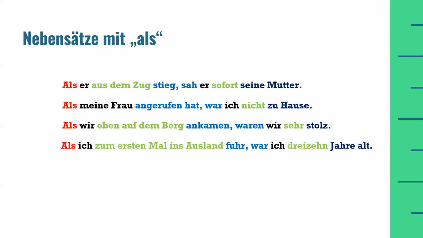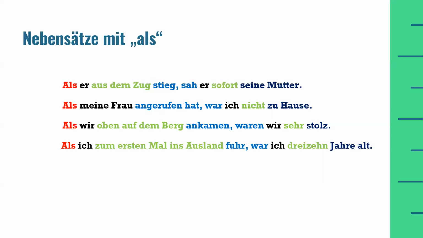Als ich zum ersten Mal ins Ausland fuhr, war ich 13 Jahre alt. When I traveled abroad for the first time, I was 13 years old. Again, in this sentence, we are talking about an event that has happened in past and that happened only once.